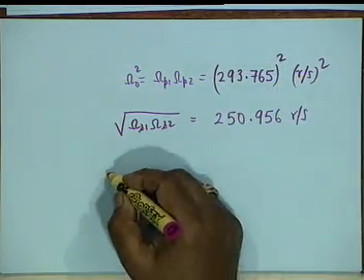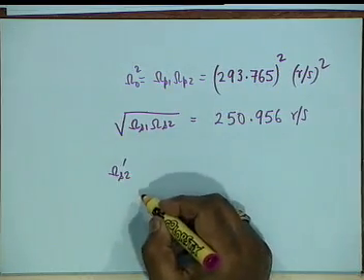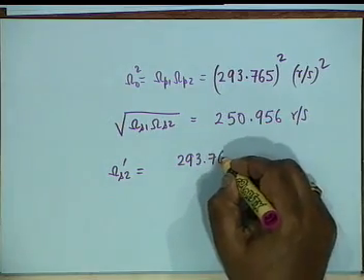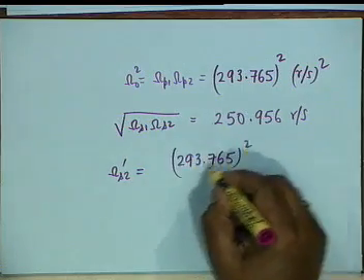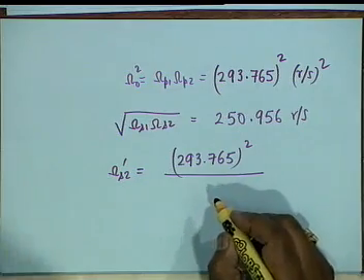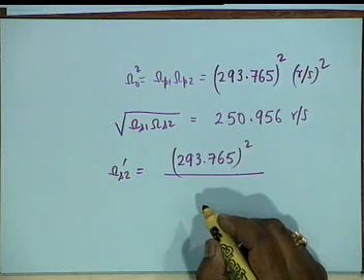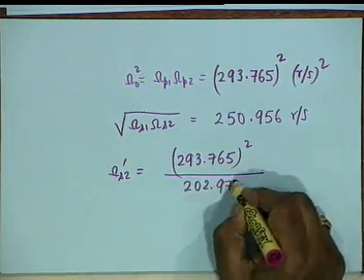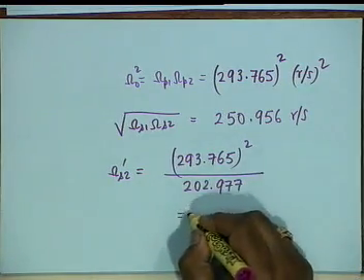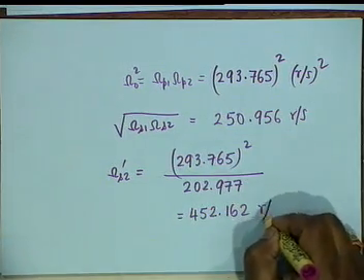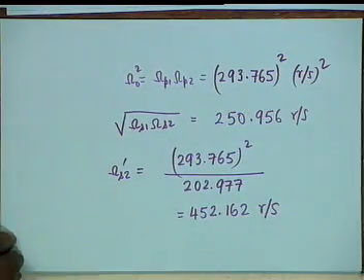So change omega S2 to omega S2 prime, which is equal to 293.765 whole squared divided by omega S1, not 250.956, 202.977, and this comes out as 452.162 radians per second. All right. After you have done this, now you are in business.